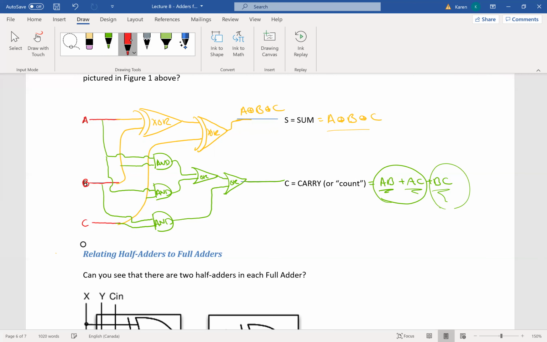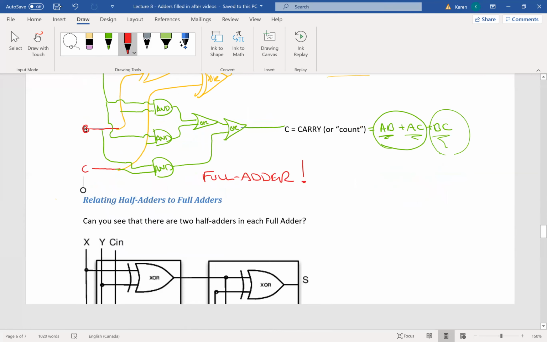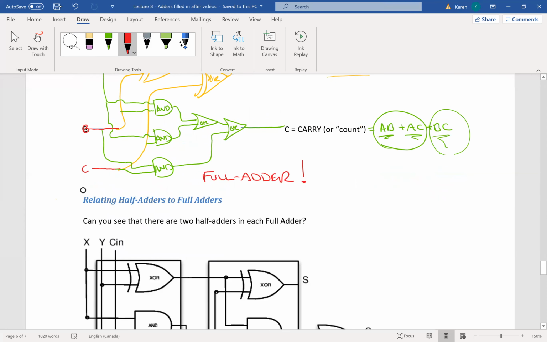And thus we have made a full adder. We have just designed a full adder from scratch. We were given nothing. All we were given is that it has 3 inputs, it has 2 outputs, and it adds.